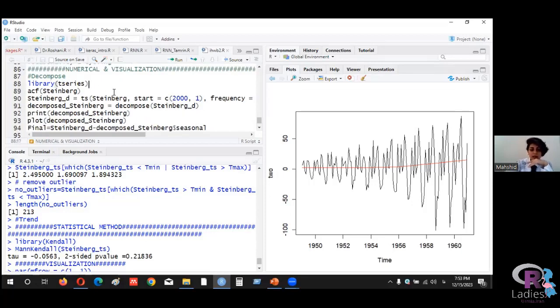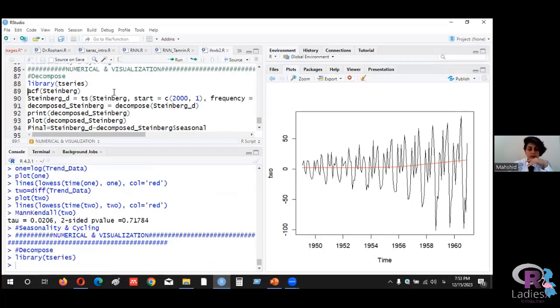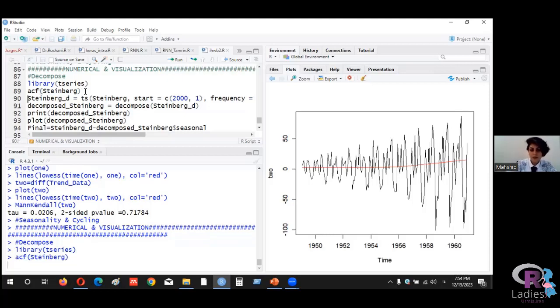I've used the time series package, and one of the methods is decomposition and the other one is the autocorrelation function. But please be aware that for drawing the autocorrelation function, again we have to use a data frame. So that's why I've come back to the first example, not a time series, a data frame.